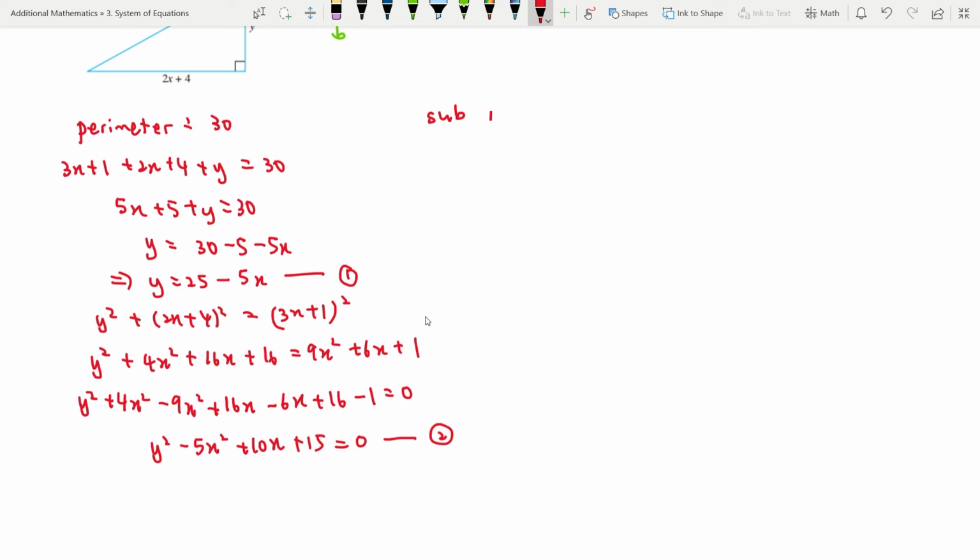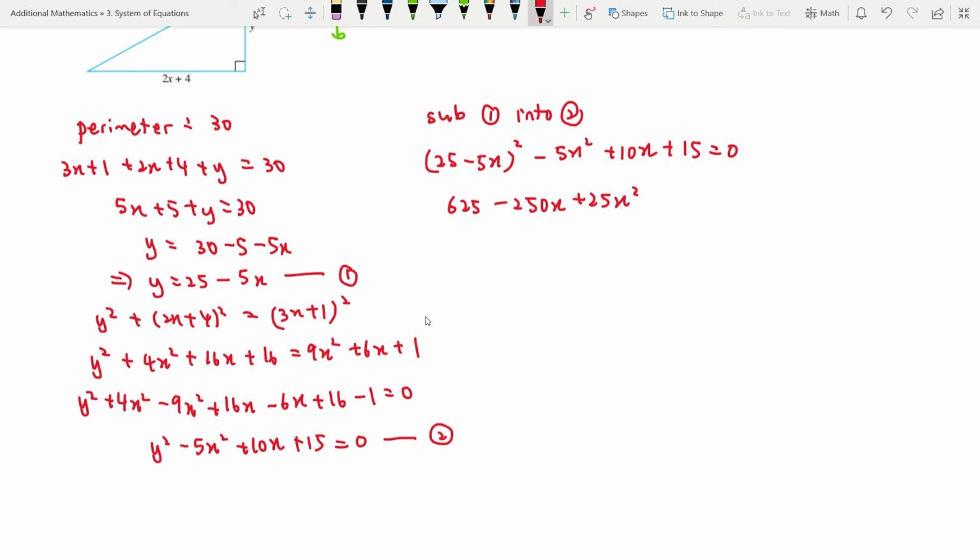Then we substitute equation 1 into equation 2. (25 minus 5x) squared minus 5x squared plus 10x plus 15 is equal to 0. We expand the bracket. 625 minus 250x plus 25x squared minus 5x squared plus 10x plus 15 is equal to 0.